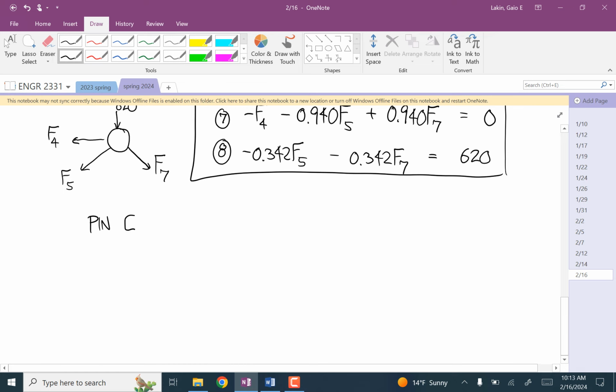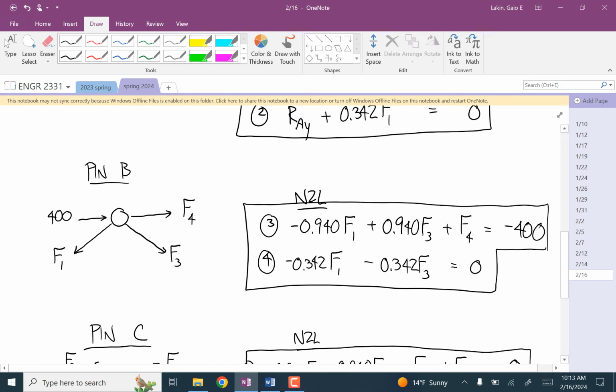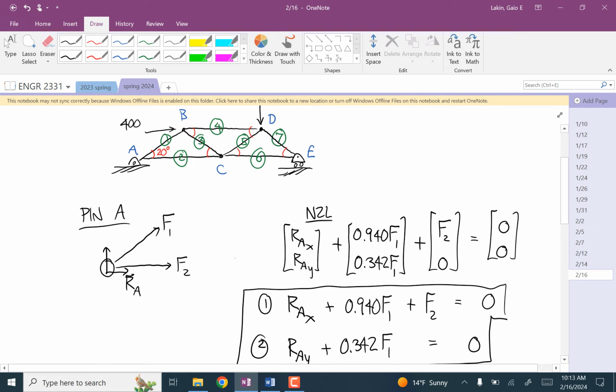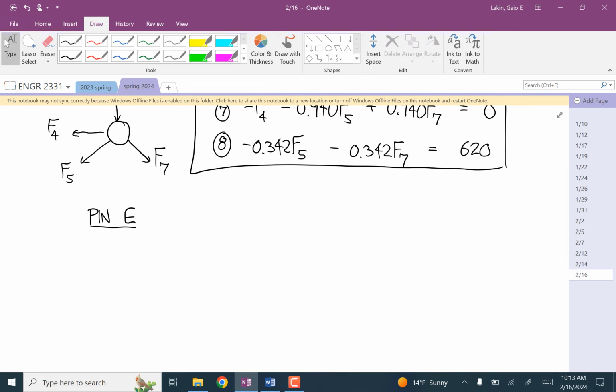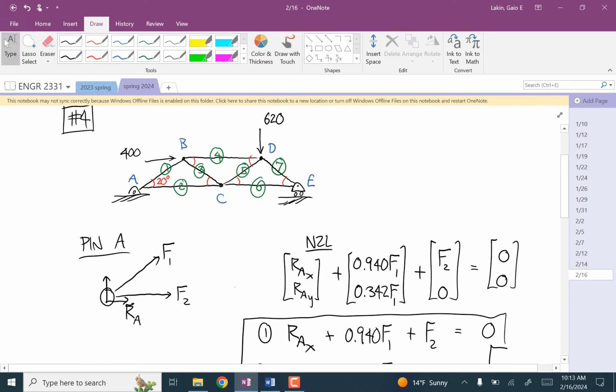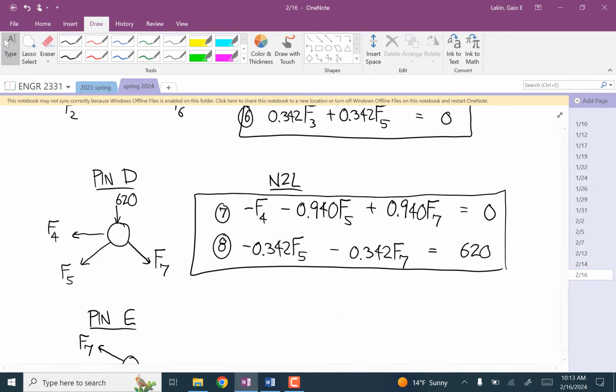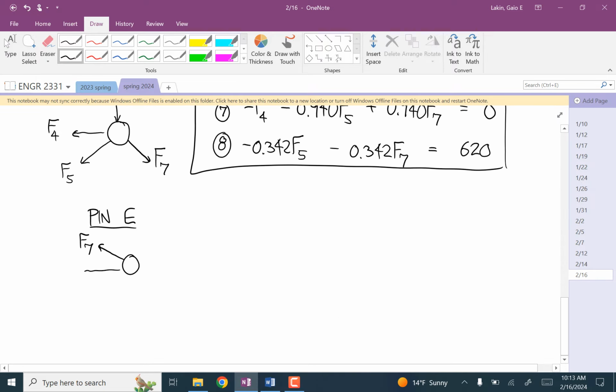So the pin at E, we have F7, F6, and then this is a roller, so we know that's acting straight up, and I'll call that RE.